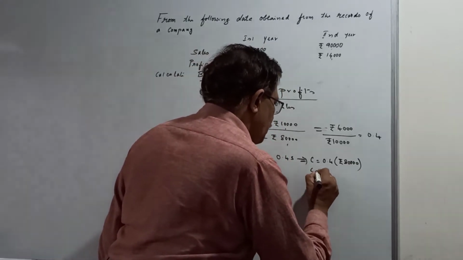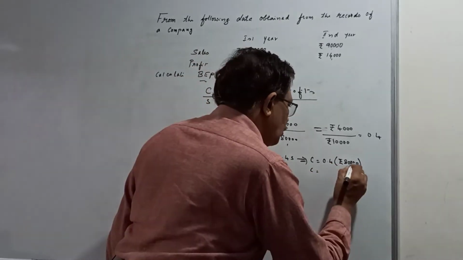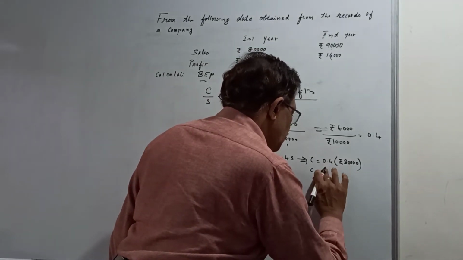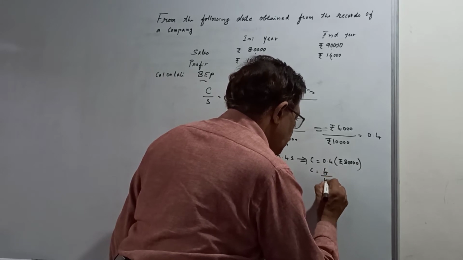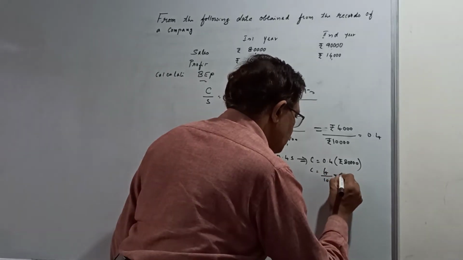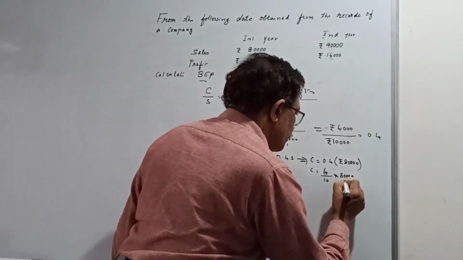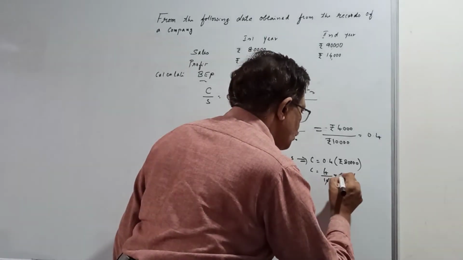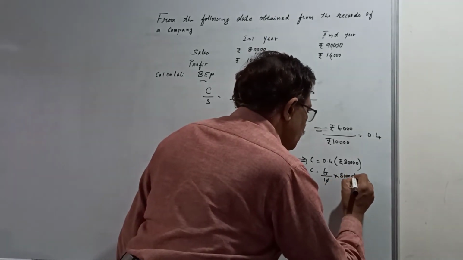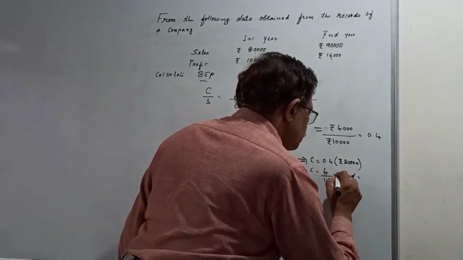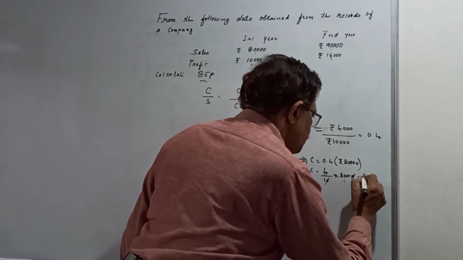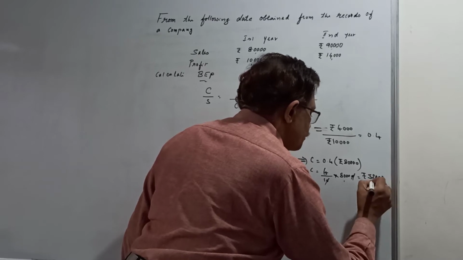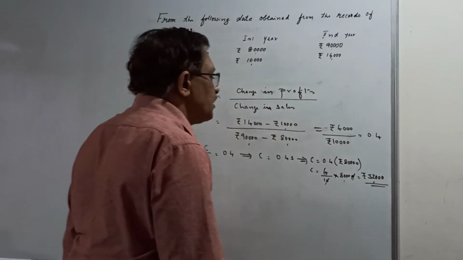Then C becomes 0.4 into 80,000, that is 4 divided by 10 into 80,000. So this is 8 into 4, which becomes 32,000. So C is 32,000.